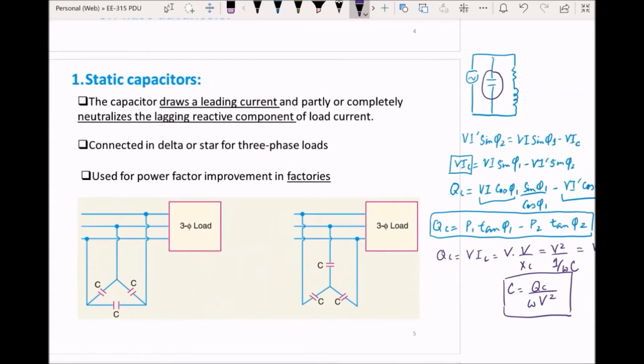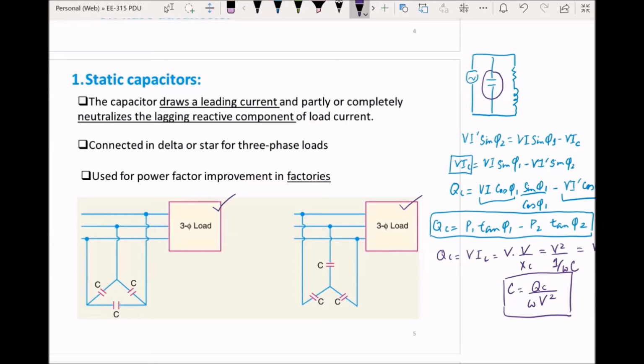Now if we look at the figures here, we can see there are two figures, and both of these figures have a three-phase load, and we don't know the configuration in which the load is connected. It could be delta, it could be Y, but right now it looks like a delta connected load.